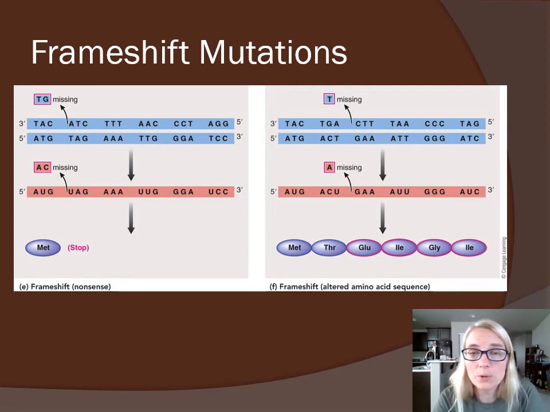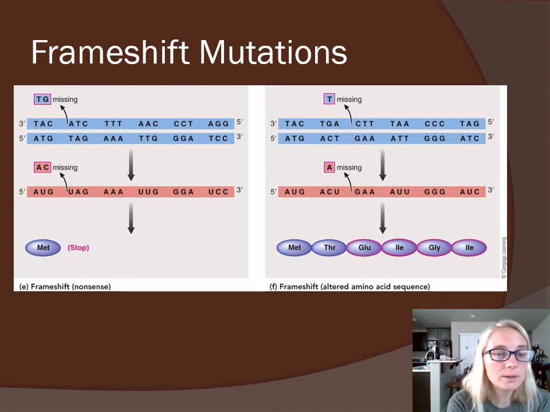Now remember back when I showed you those 3 lines of reading frame, so if you shift the reading frame off by 1 or 2 bases, it completely changes the codon. Well, you can get that by either taking away or adding bases to your DNA. So again, that might happen with mutagens that are in your environment, or the sun rays mutating your DNA that can cause these frameshift mutations, or just a mistake in the DNA polymerase.